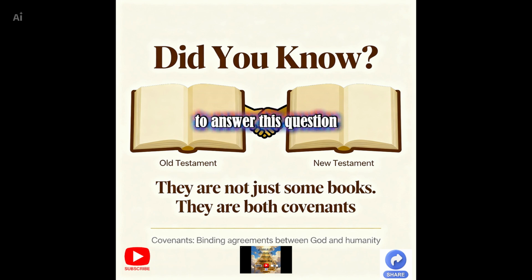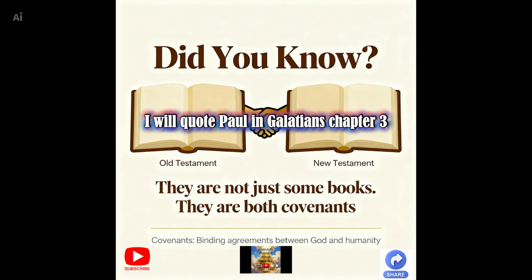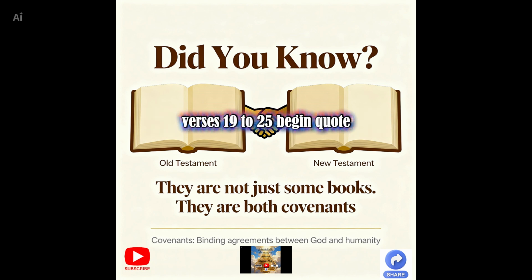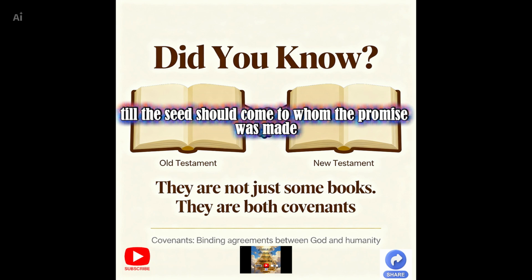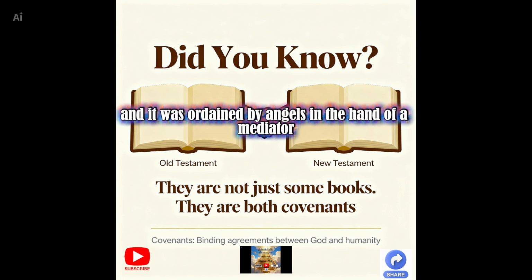To answer this question, I will quote Paul in Galatians chapter 3, verses 19 to 25. Begin quote, "Wherefore then serveth the law? It was added because of transgressions, till the seed should come to whom the promise was made. And it was ordained by angels in the hand of a mediator.